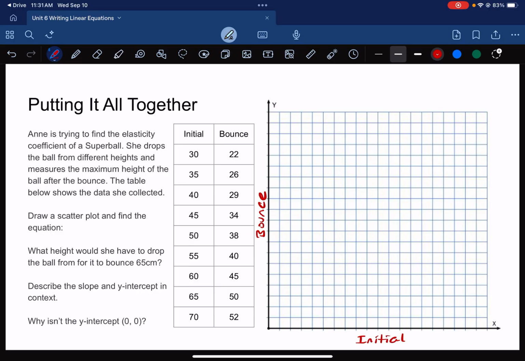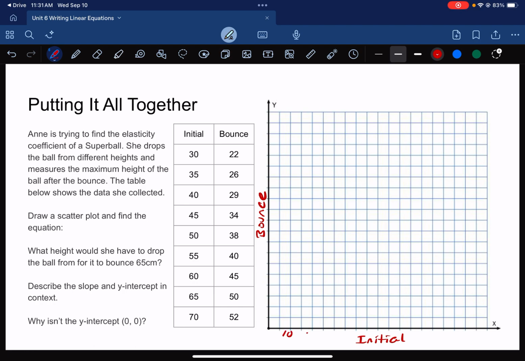Let's see, on the x-axis, we got to go from 30 up to 70. What should we start at there? Should we go by tens: 10, 20, 30, 40, 50, 60, 70, or by fives: 5, 10, 15, 20, and so on up to 60? That's not too bad.